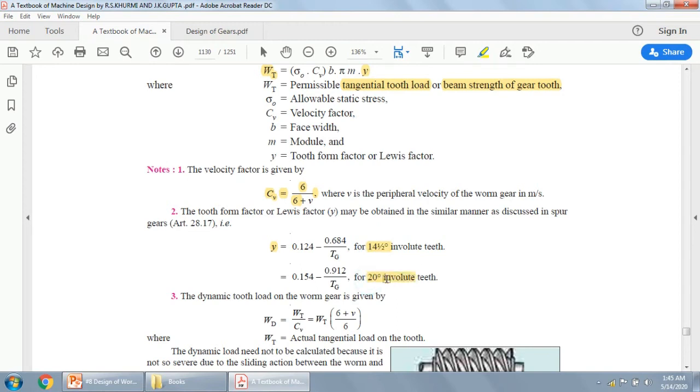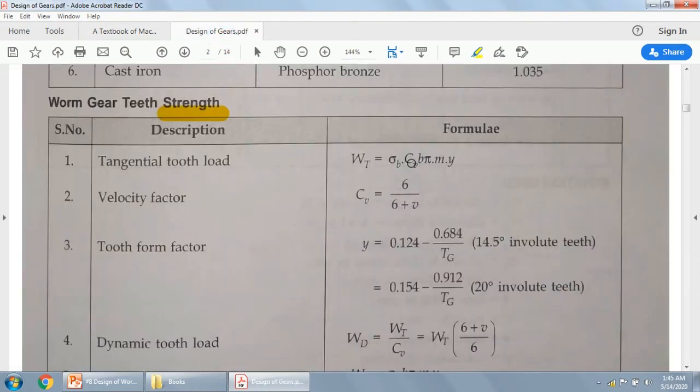These two types are the systems of the gear. These values are also given in your design data book: the tangential load WT, CV value and Y Lewis factor value. These should be clear from this table. We may use it in our exam.